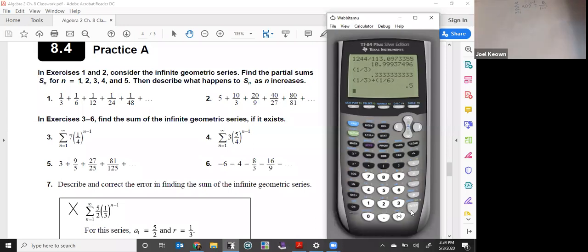What if I take that number and now add the third term as well, which is 1 divided by 12. I'm at 0.58 repeating. What if I add another term in there?